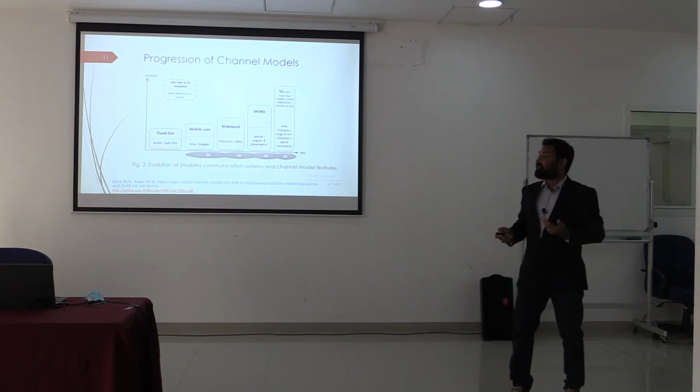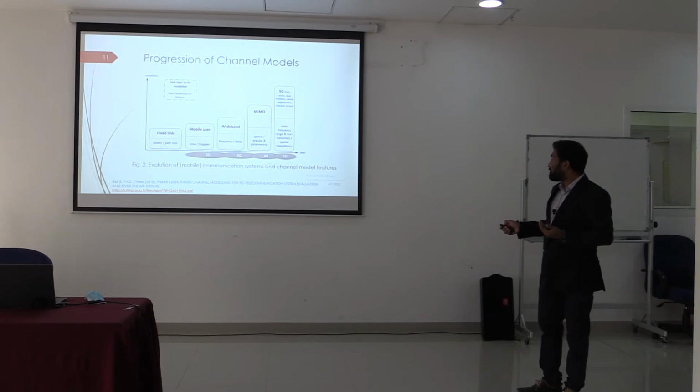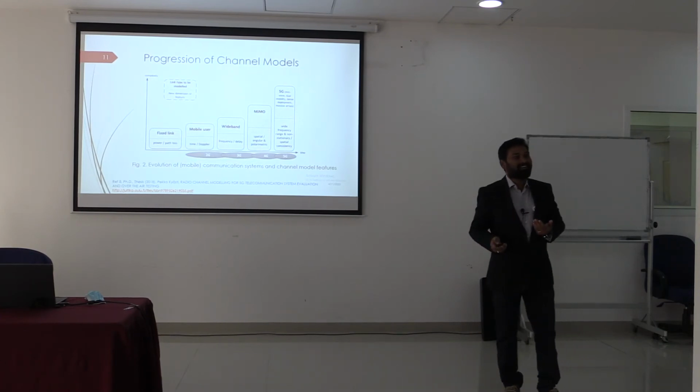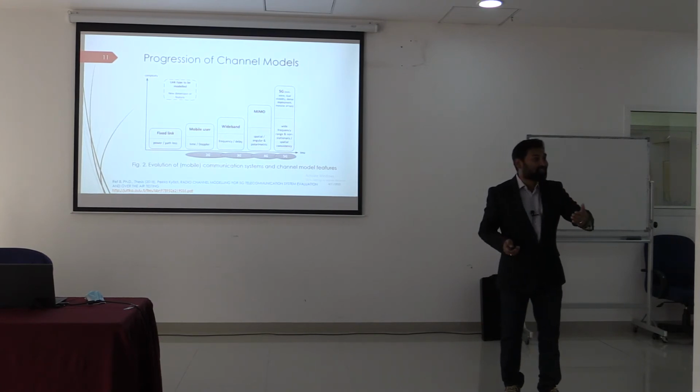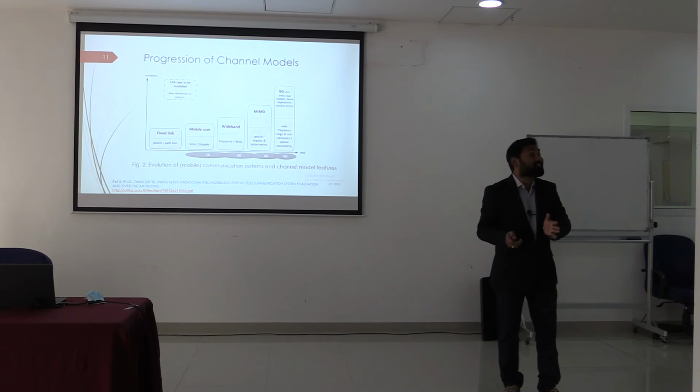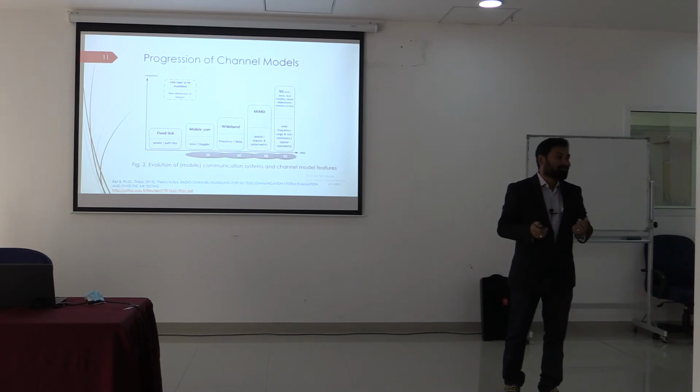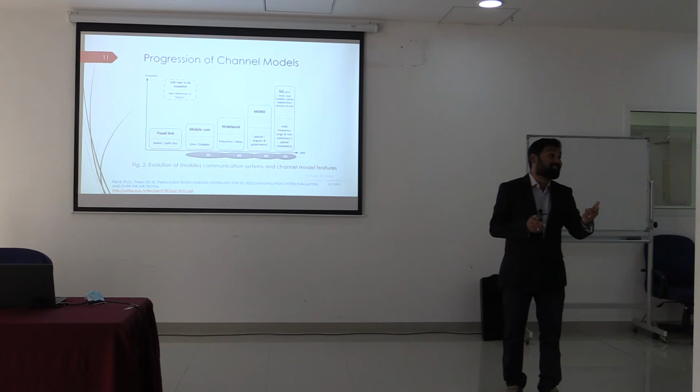What are the freedoms you have? One is millimeter wave, another one is dual mobility. What is dual mobility? In mobile communications, only the receiver, the user, is allowed to move, while your base stations are fixed. But in 5G use cases, you are allowing both transmitter and receiver to move. So the channel model is updated at the transmitter end as well as at the receiving end.